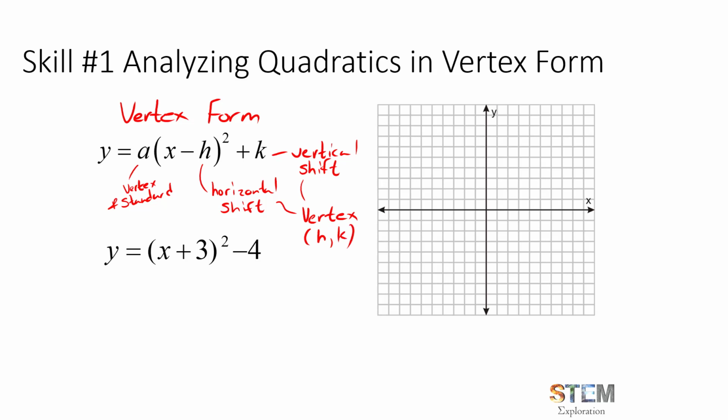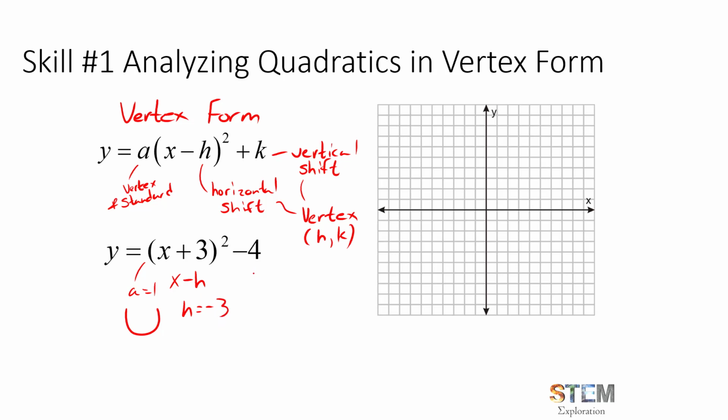Understanding that vertex form is very similar to absolute value equation format, I can look at an equation like this and understand that my a term is equal to 1, which tells me it's an upward opening parabola. This is x plus 3, so if I'm looking at this as an x minus h circumstance, then h would have to equal negative 3, so we have a leftward shift of 3.